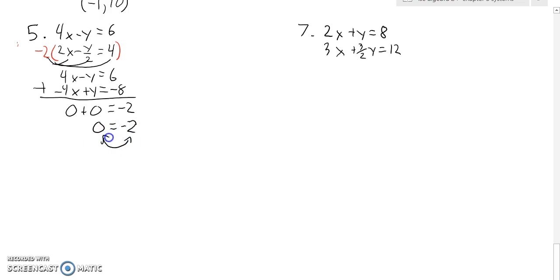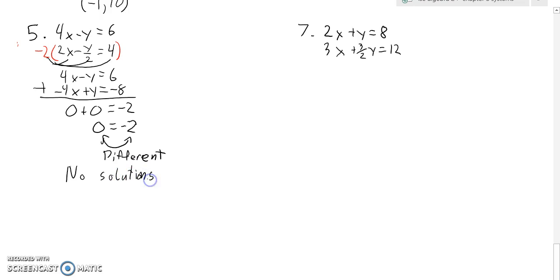When these two numbers are different and the variables eliminate themselves, it is trying to tell us something. It is trying to tell us that there are no solutions because 0 does not equal -2. These are two parallel lines.